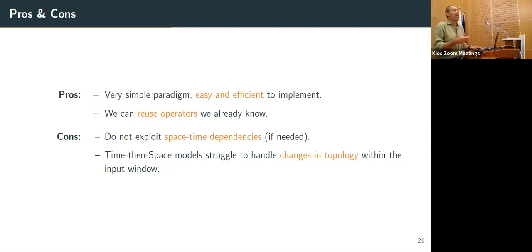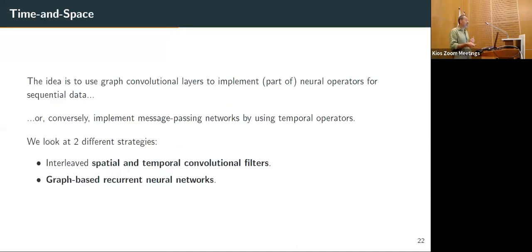The problem is that you might tell me, yes, but I don't like to have at first to process space and then time, because I'm implicitly making assumptions about the changes over space and changes over time. So if I don't want to do that, I need to intervene at the operator level. And that is what time and space is.